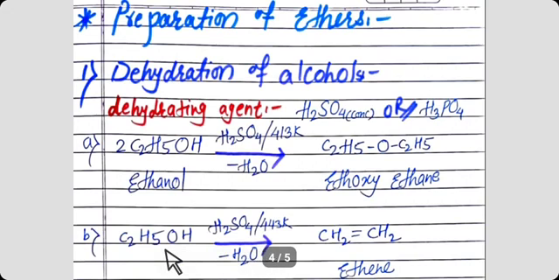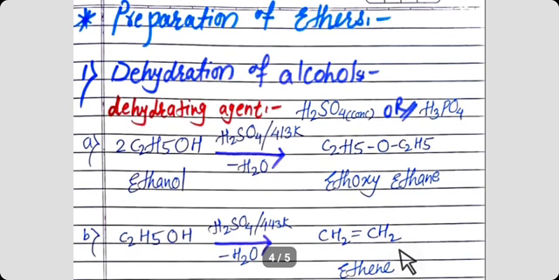Again the byproduct is a water molecule. 1 hydrogen atom from the ethyl group reacts with the oxygen atom, forming a water molecule as a byproduct, and the remaining compound is C2H4, which means CH2 double bond CH2, so it is ethene. So only the temperature is different. The first reaction forms ether and the second reaction forms ethene.